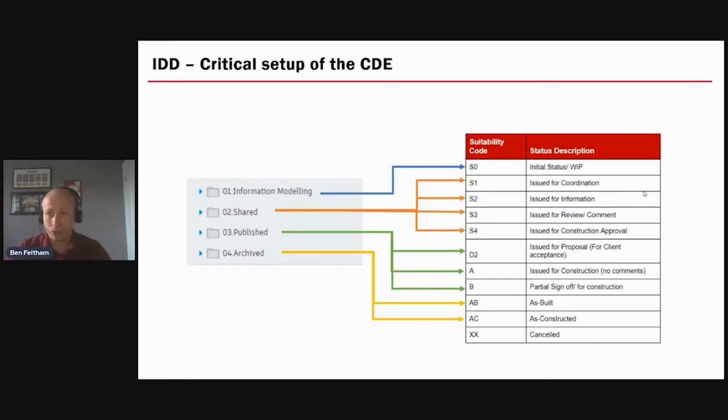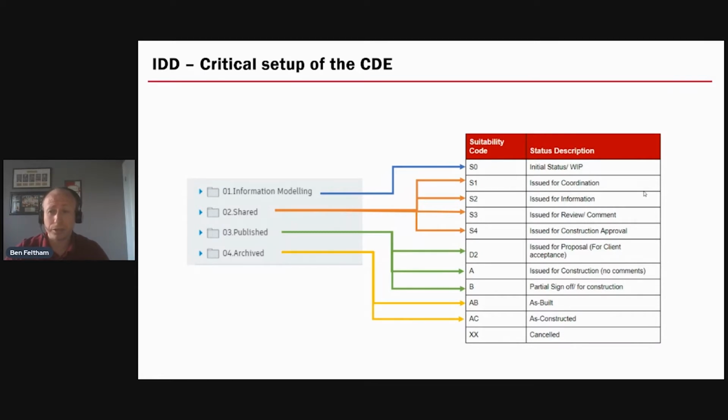It's not just critical at file level, it's also critical when you're in the 3D space at asset and object level, 100%. And I've put a link there showing how our structure worked and how we used the coding on the information through that process. So I'll take you through that.